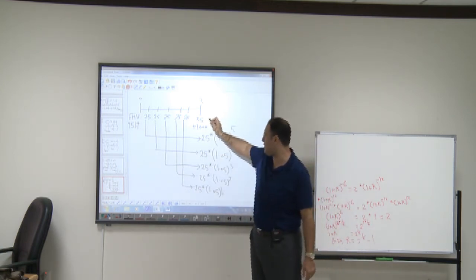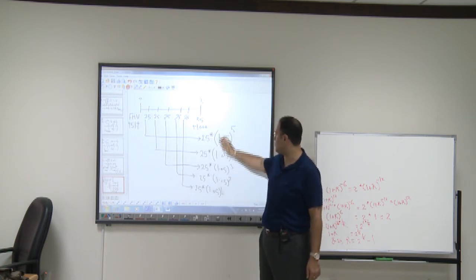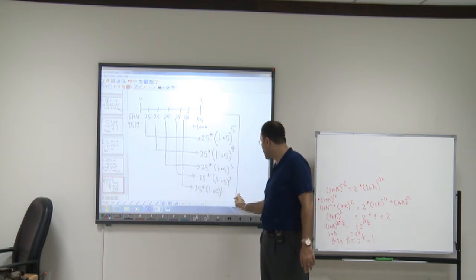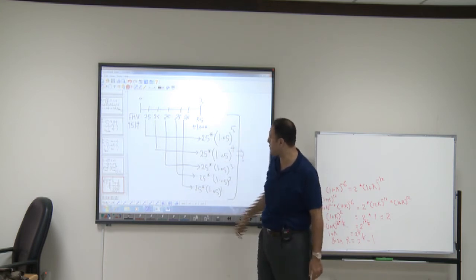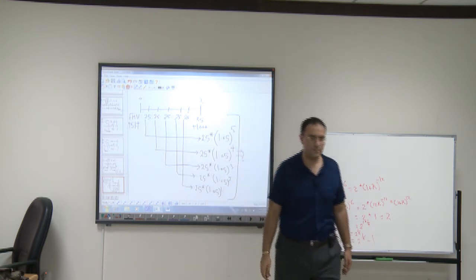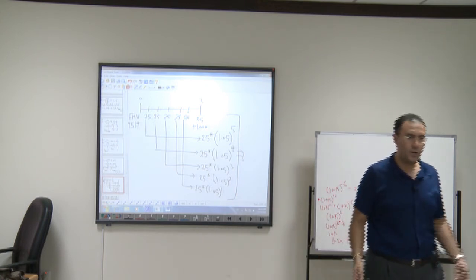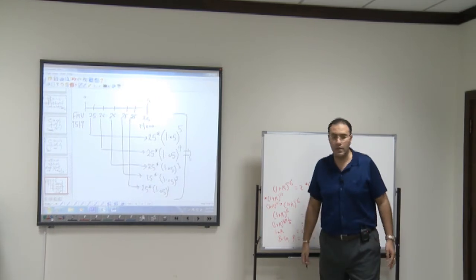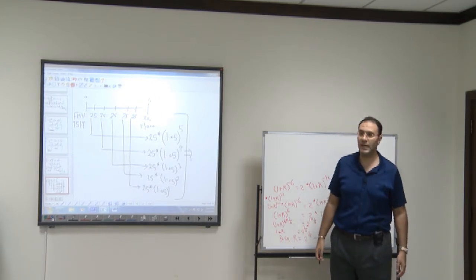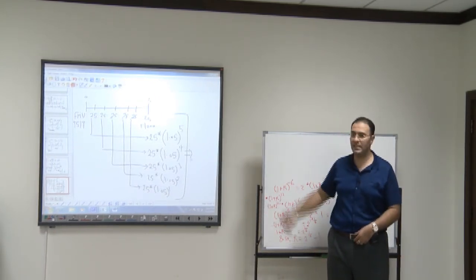So how much are we going to have in total at maturity? How much, Hamad? Alauddin? Multiply and add. Yes, sir.